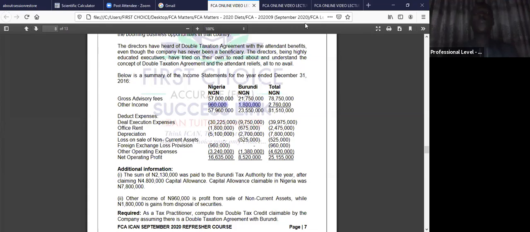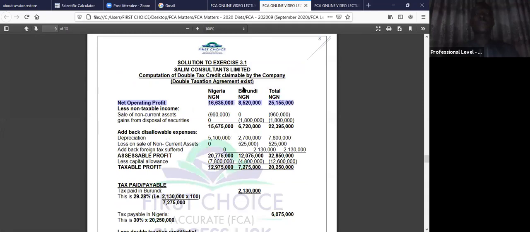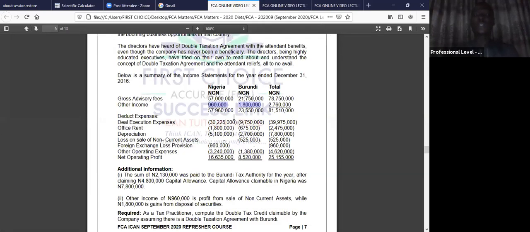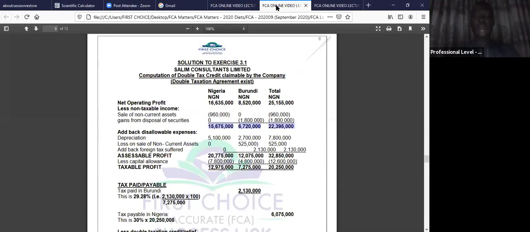When we remove this one here, this is sale of non-current assets. This other one is gains from disposal of securities. So this is what we have gotten so far. It's as good as going backward. So this is what we've gotten so far.